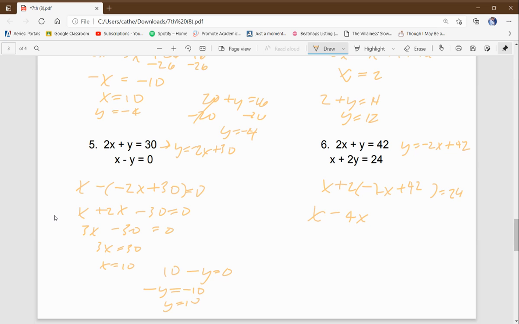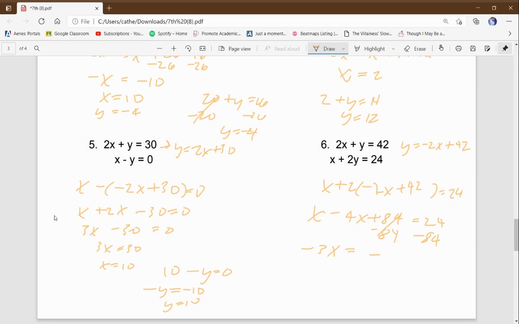Minus 4x plus 84 equals 24. So it's trapped by 84. Cancel it out. Wait, this one would be negative 3x. So you would get negative 60.